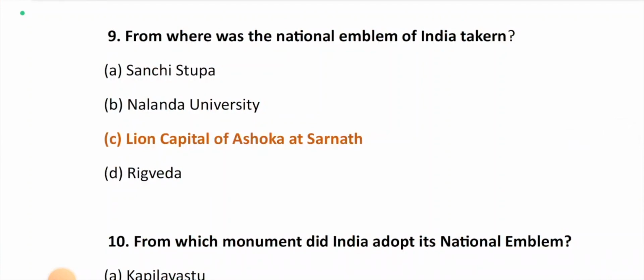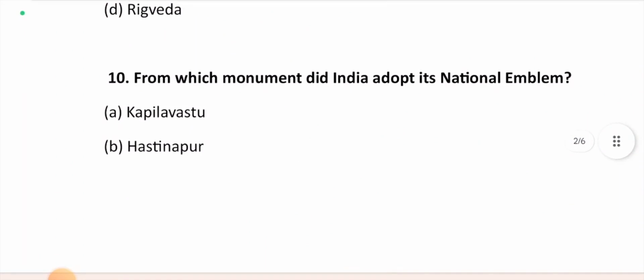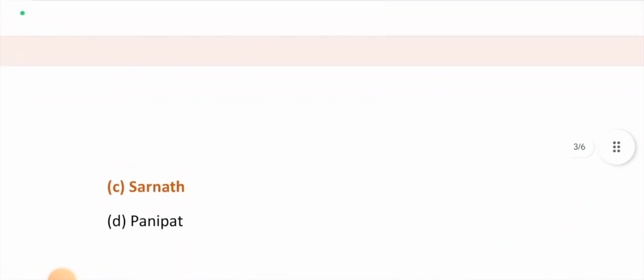So, the name of India's national emblem is lion capital. It is taken from the lion capital of Ashoka at Sarnath. 10th question, from which monument did India adopt its national emblem? Sarnath, the lion capital of Sarnath.